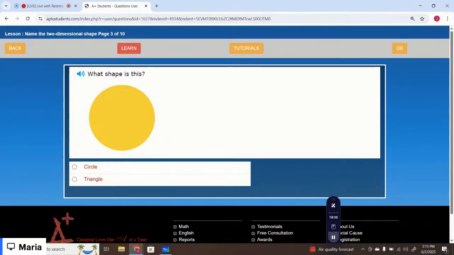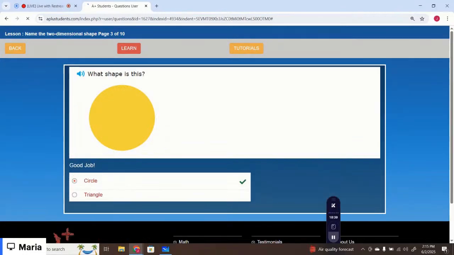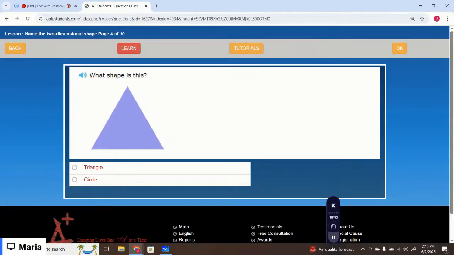What shape is this? Circle it is. Option number one is the correct option. What shape is this?